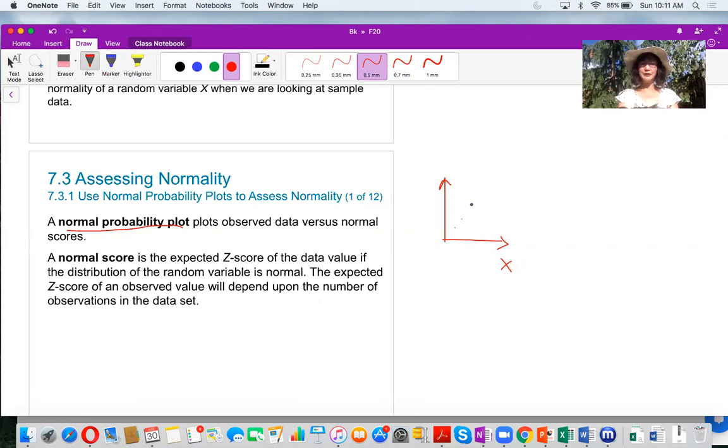We hope the result will be similar to a straight line. A normal score is the expected z-score if the data value on the random variable is normal. The expected z-value of an observed value will depend on the number of observations in the data set.